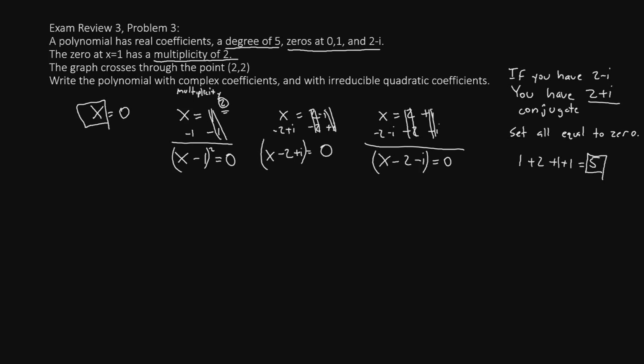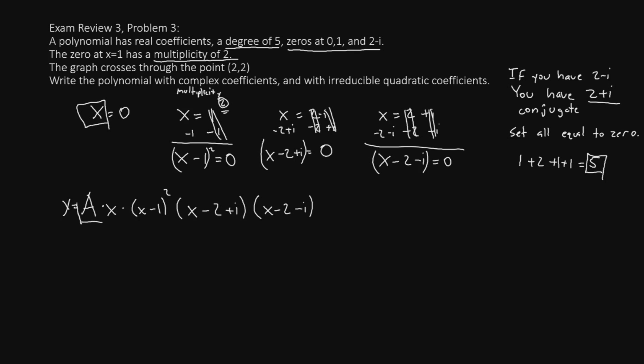So now to write the polynomial, we'll start with y equals, again, the leading coefficient a, which we don't know yet, but we'll find in a moment, times x times (x minus 1) squared, times (x minus 2 plus i), times (x minus 2 minus i).